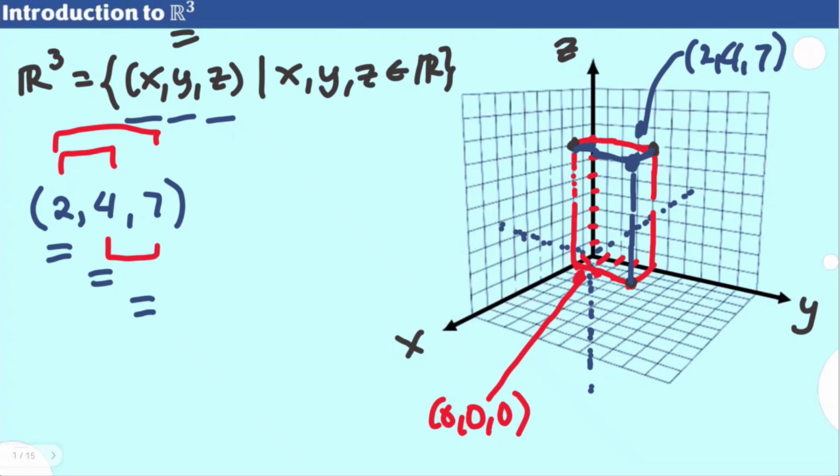This is our origin. Connecting that with the point, that stands for the vector of our point 2, 4, and 7. Now, if our point or the values for x, y, and z are negative, of course you're going to move backwards for x, move here for our y, and move down for our z. It just so happened that our point here is positive 2, 4, and 7.